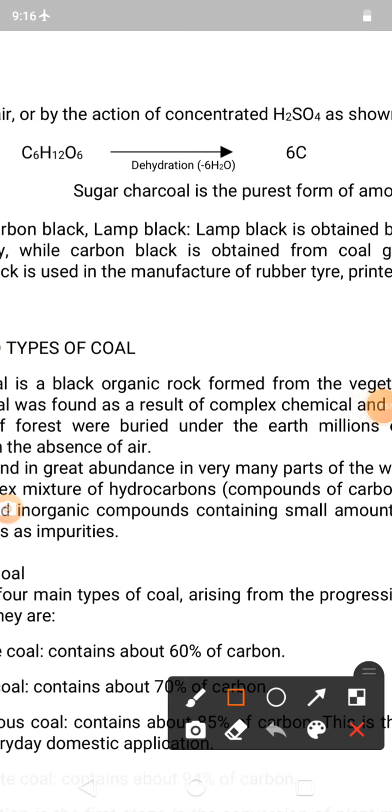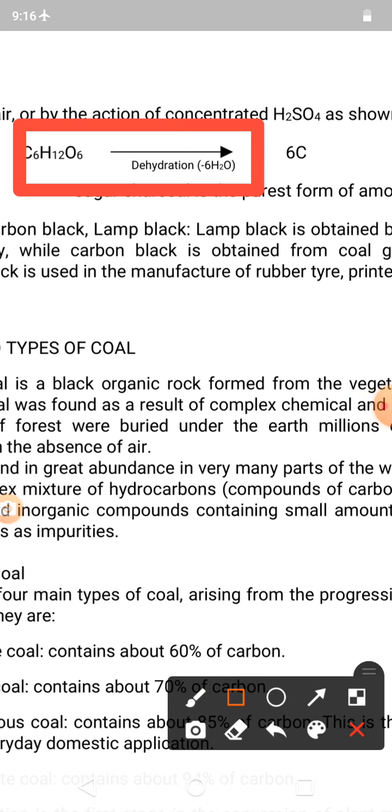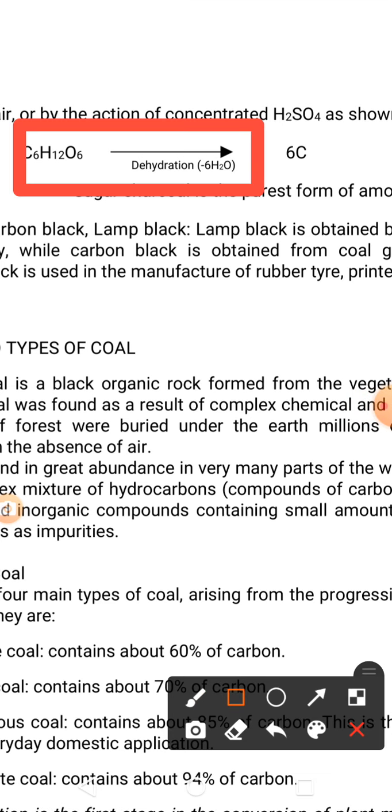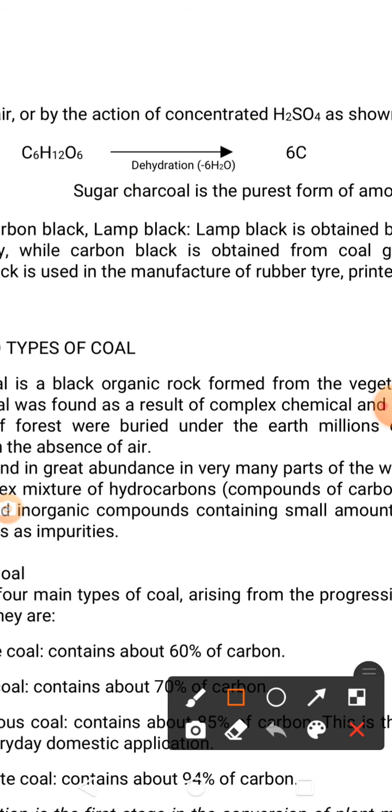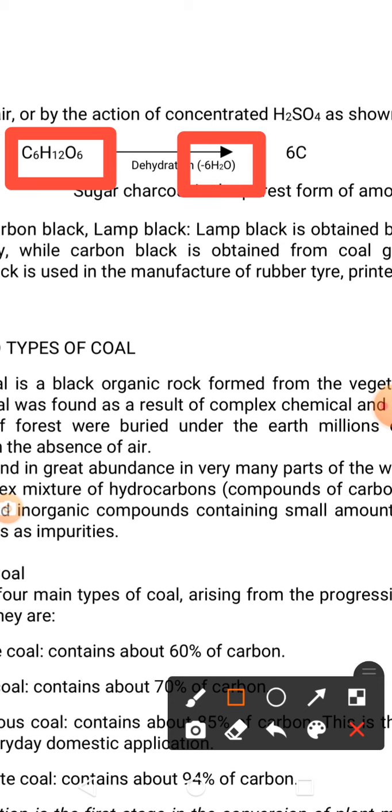This sugar, this one I highlight is sugar. And when you use concentrated H2SO4 to dehydrate it, you remove molecules of water. You remove 6 molecules of water, and then it will give you 6 carbon, and that one is what we call sugar charcoal. Please take note of that.